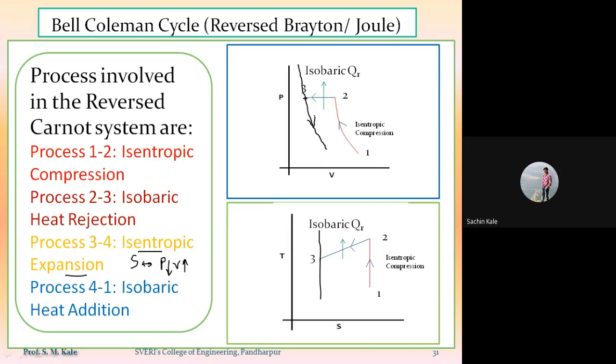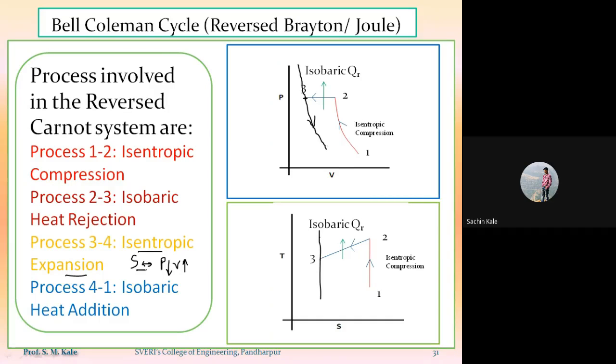Yes or no? So in the PV diagram, I am going to follow the line pointing towards the downward direction. And on the TS diagram, as I have two choices, either vertically upward or vertically downward, both vertical lines indicate constant entropy.